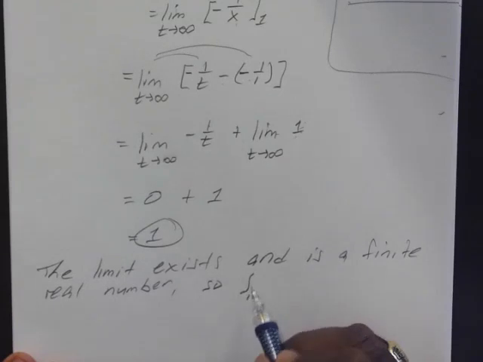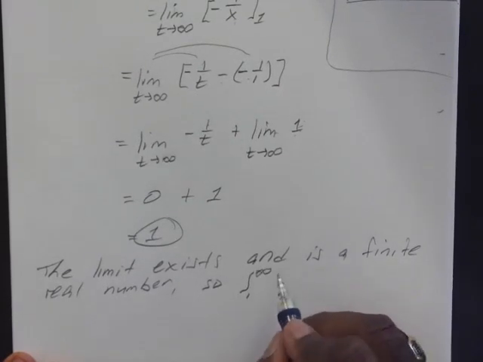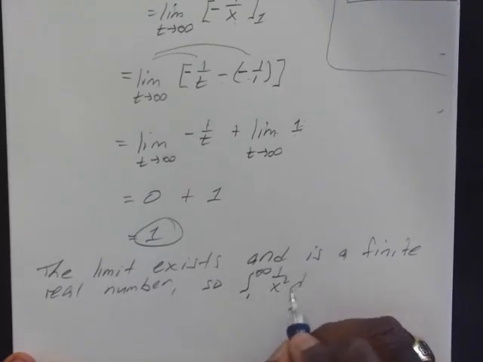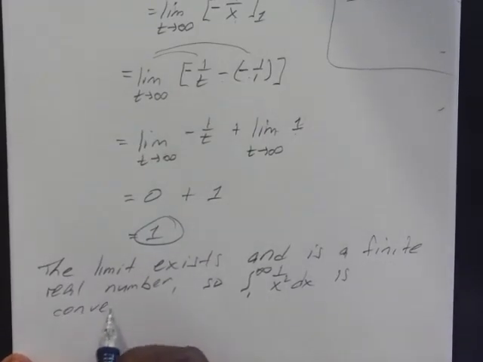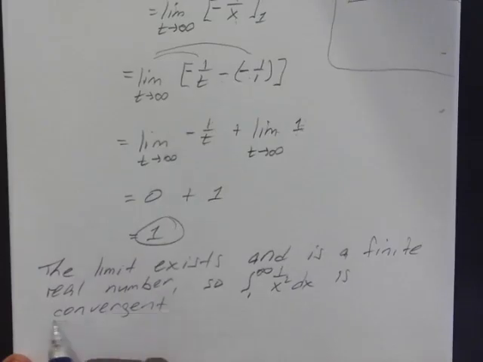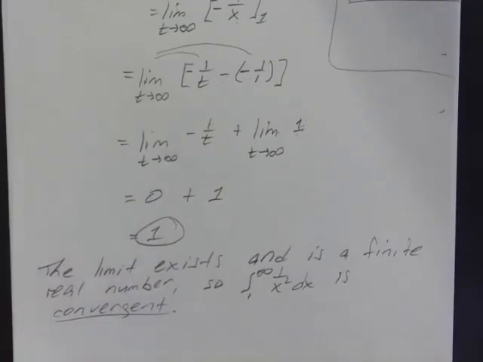So the integral from 1 to infinity of 1 over x squared with respect to x is convergent. And remember, if your limit is positive infinity, negative infinity, or in any way doesn't exist, then it's divergent.